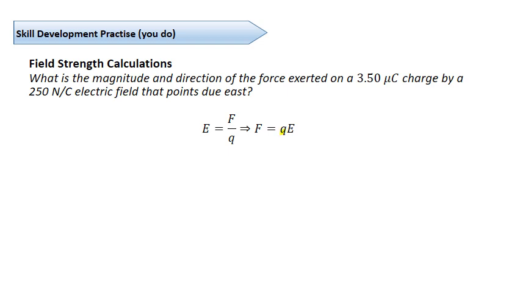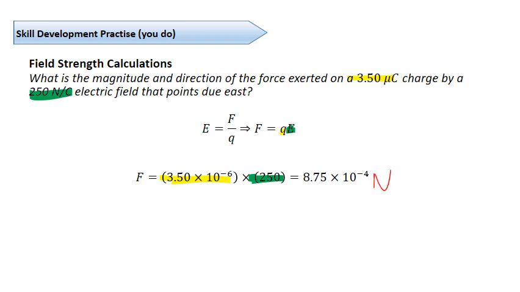Substituting in our known values, Q is 3.5 times 10 to the negative 6, and E is 250. Substituting in these values, you should get 8.75 times 10 to the negative 4 newtons.